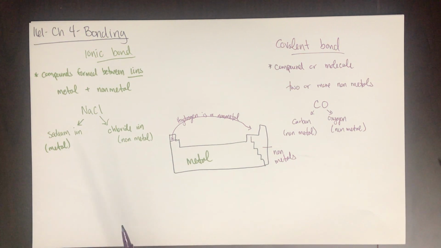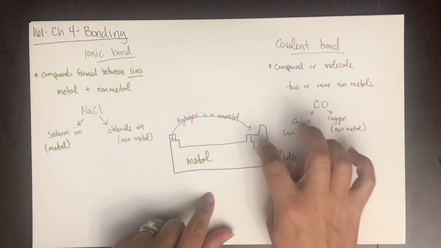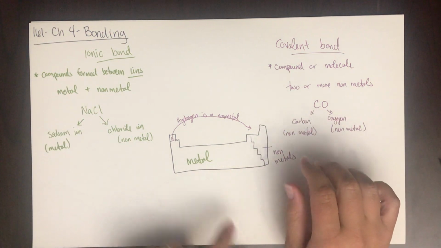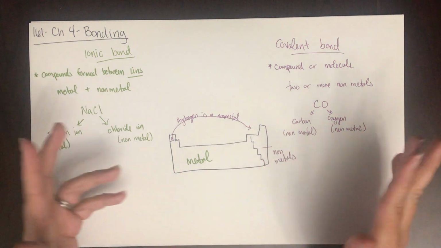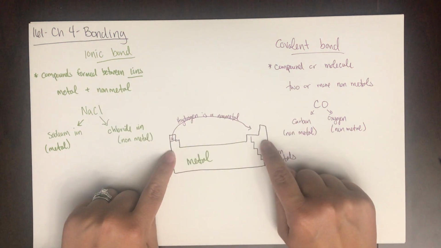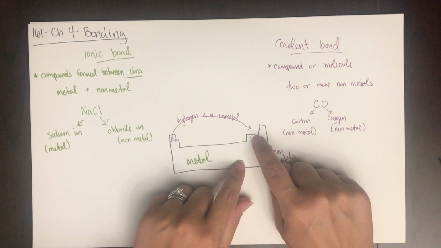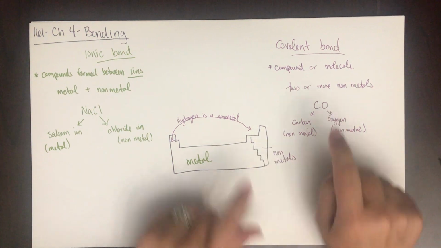So this is how you could identify the type of bond between any two elements. If it's a metal and a nonmetal, it's ionic. If it is two nonmetals from over here, then it is covalent. So you would just look at where it is on the periodic table. So sodium is somewhere over here. Chlorine is somewhere over here. I know that's ionic. Carbon is over here. Oxygen is over here. I know that's covalent.